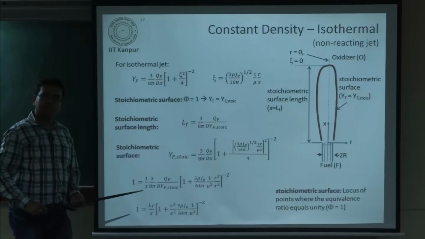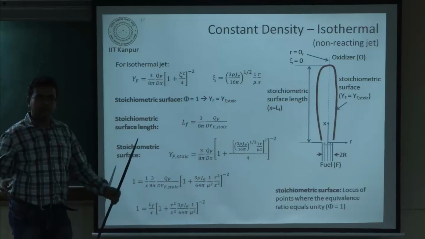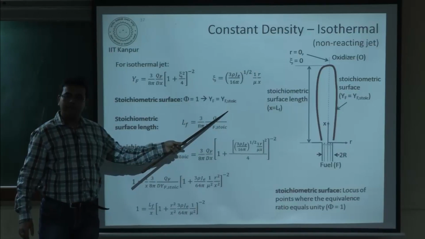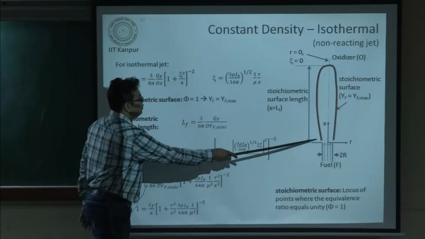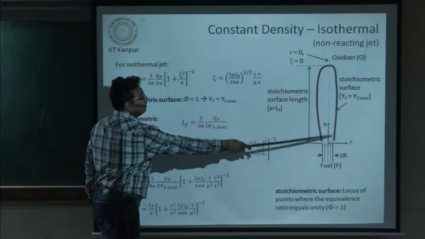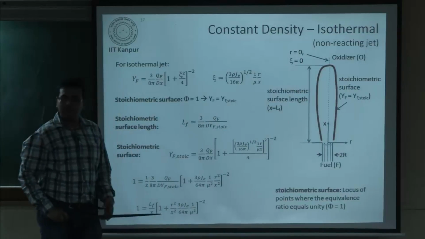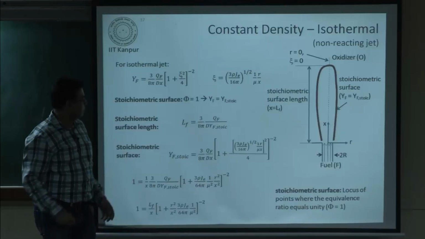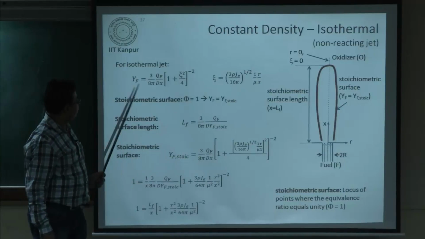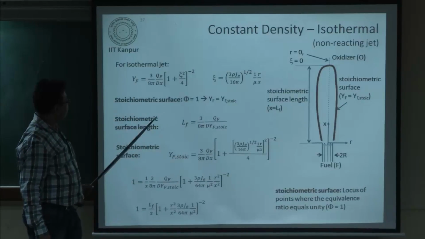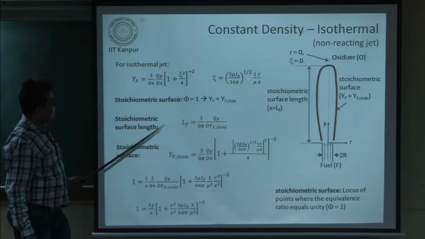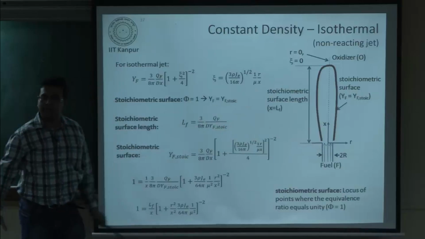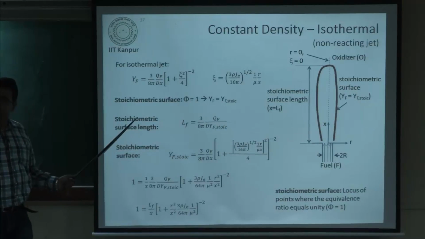Suppose you are sending a methane jet in air, you can calculate yf stoichiometric. This red line corresponds to the isocontour of yf equal to yf stoichiometric. If you know that, you can calculate the flame length, or here the jet penetration height.